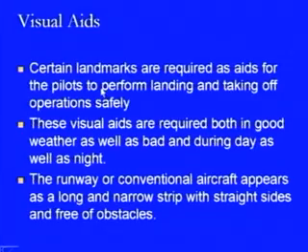If we look at any runway strip, or at any such operations, what we find is that those runway strips which the aircraft are using look like long and narrow strips with certain straight sides which are defined, and we will find that they have been marked in a certain way, so that we can clearly distinguish between the strips being provided and the surrounding areas, and in all cases these are going to be free of obstacles.